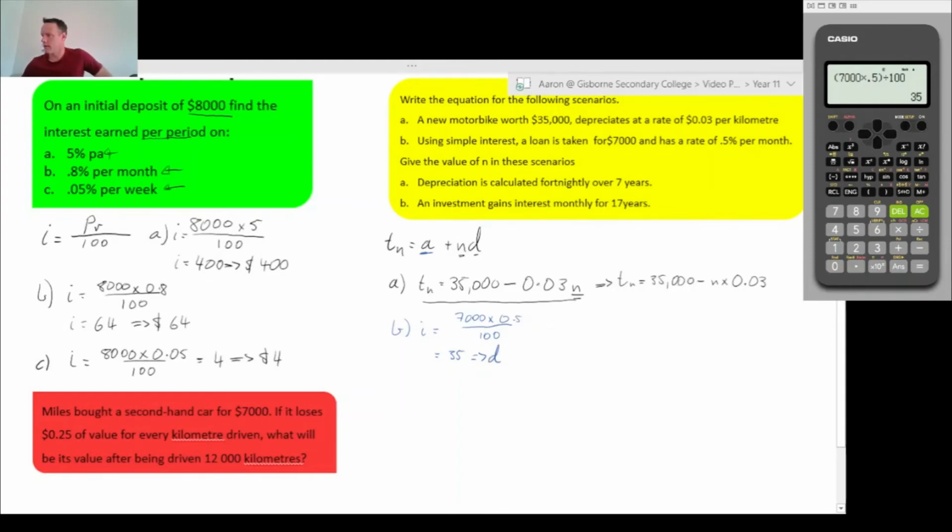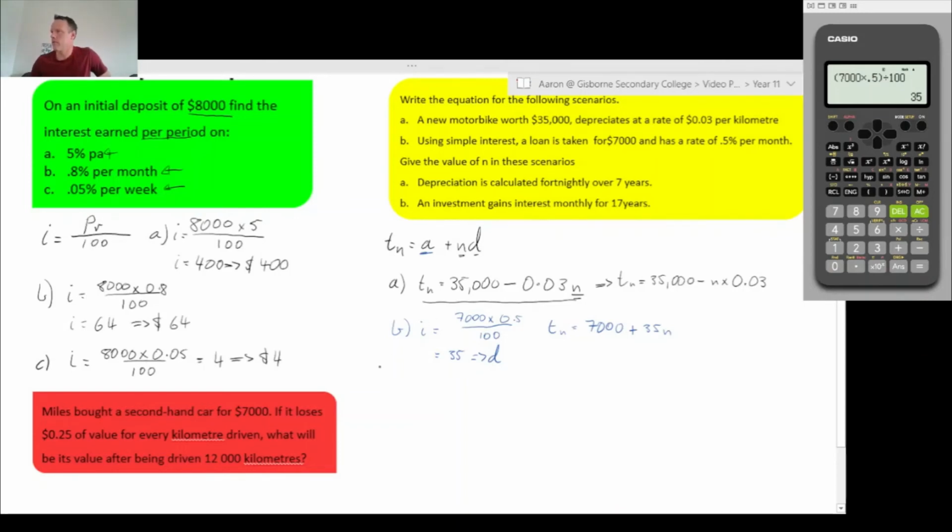So Tn, same start. A is $7,000, the starting balance of our loan, and then interest. We're getting charged interest. It's adding on to the balance, even though it's a negative thing, because this is money we owe, adding on to the balance. So we add it, and it's going to be 35, and we've replaced n with the months at some point.